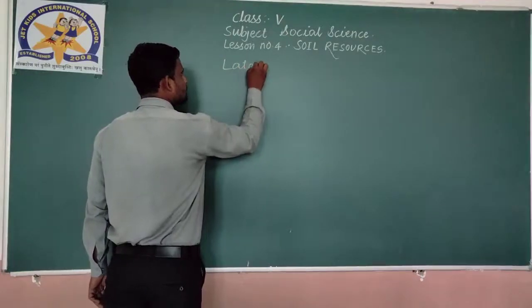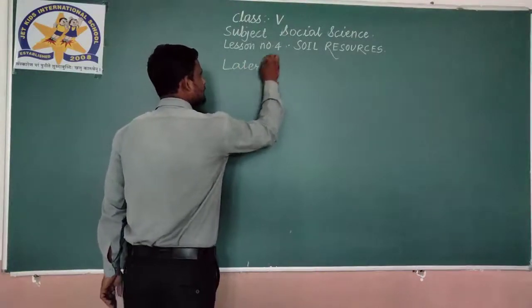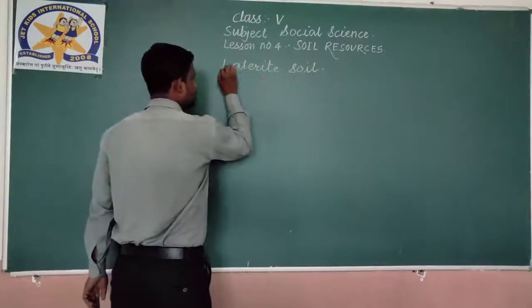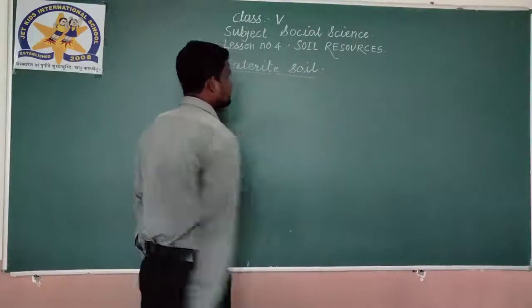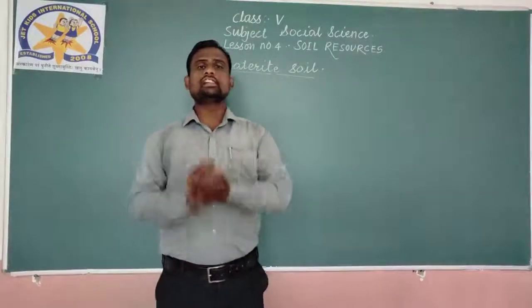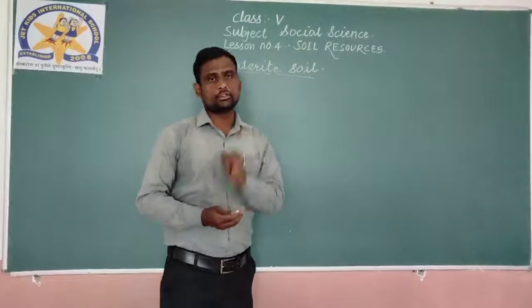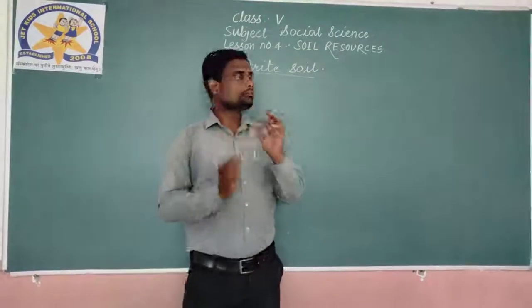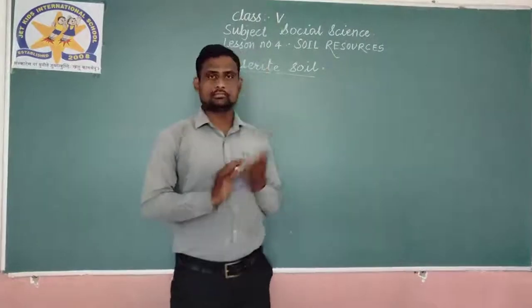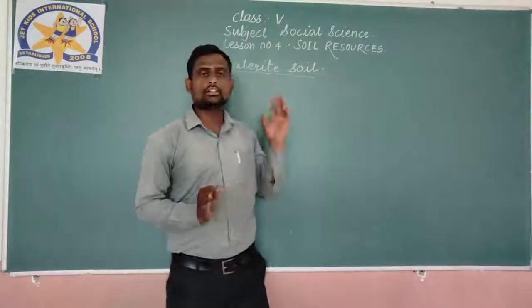Next type of soil is laterite soil. This is the fourth type of soil, laterite soil. Now listen carefully. What is laterite soil? Laterite soil is red in color. Color of this soil is what? Red.